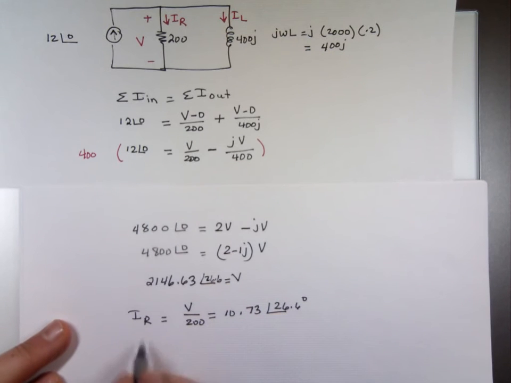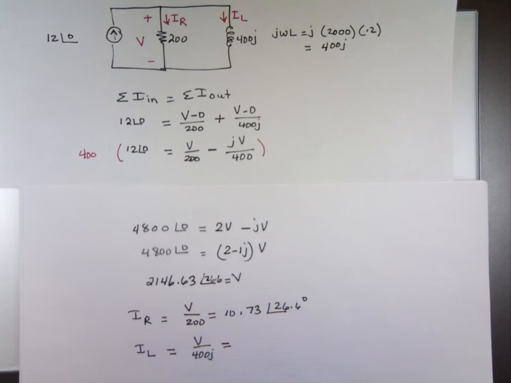And I know what I sub L is, which is V divided by 400J.